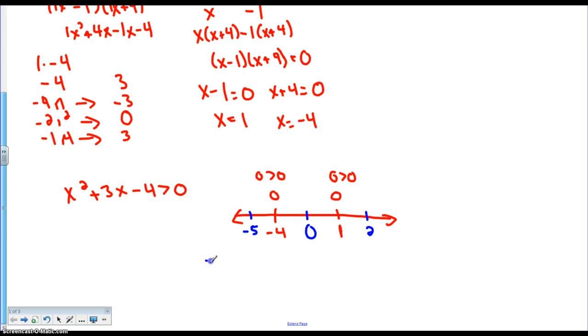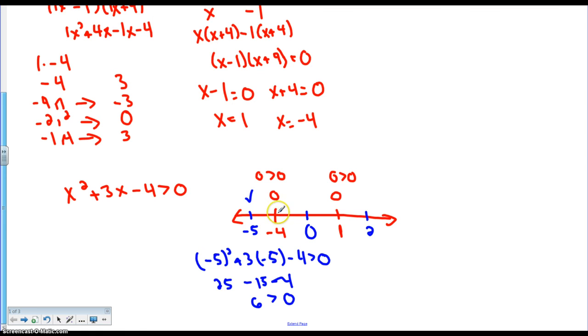So I have -5 squared plus 3 times -5 minus 4. Is that greater than 0? So 25 minus 15 minus 4 is 6. 6 is greater than 0. So I know that this value, -5, is a solution.